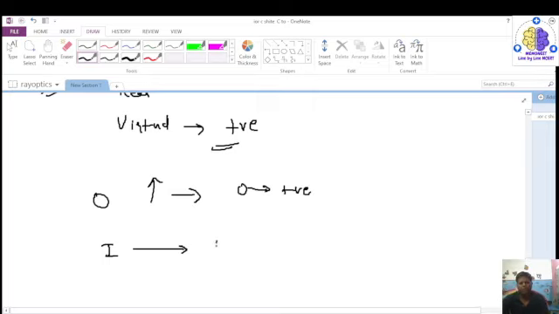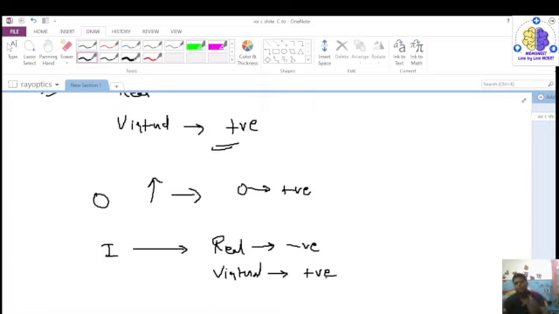So for real images, the image height I will be negative, and for virtual images, because virtual images are erect, the image height I will be positive. So this is what is sign convention.